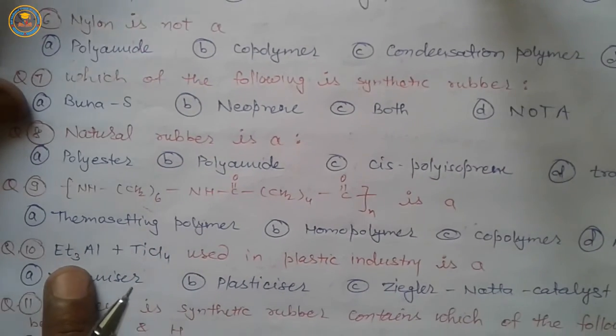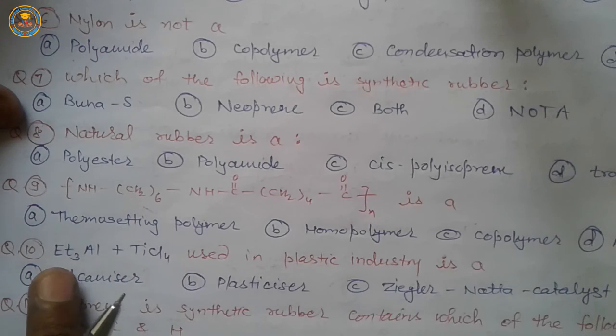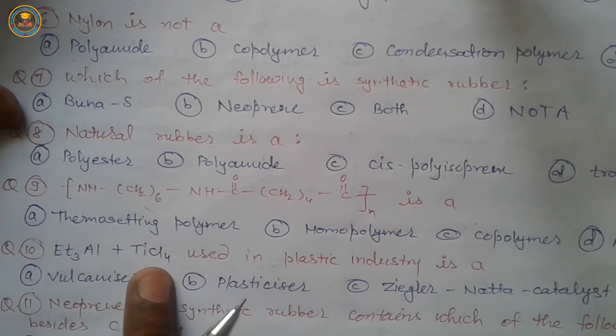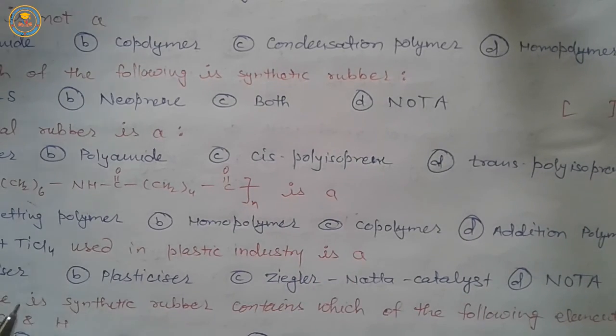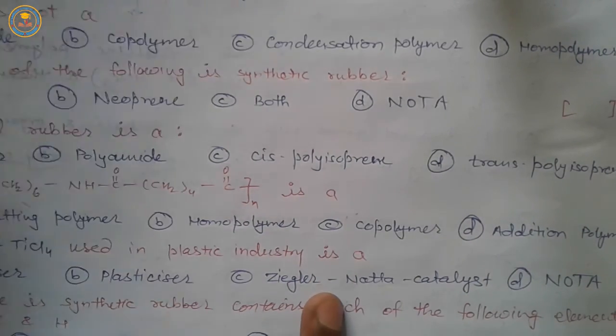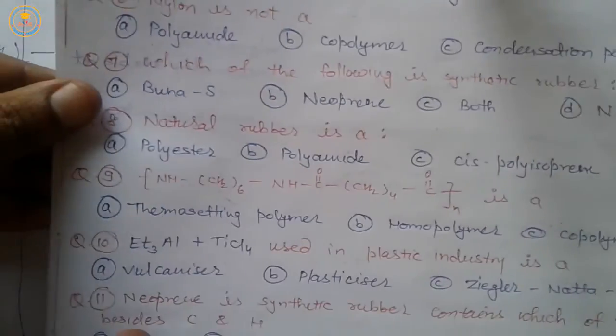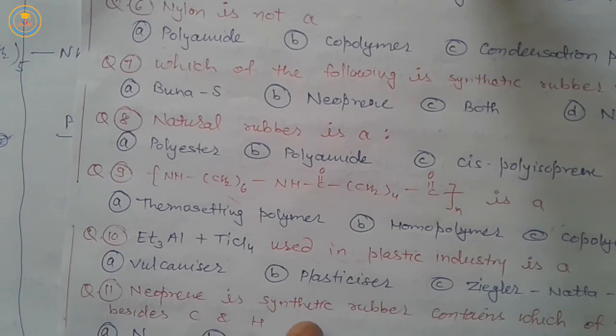Question 10 is, Et3Al, triethyl aluminum plus TiCl4, used in the plastic industry as a vulcanizer, plasticizer, Ziegler-Natta catalyst, none of these. Question 11 is, neoprene is a synthetic rubber, containing which of the following elements besides carbon and hydrogen?